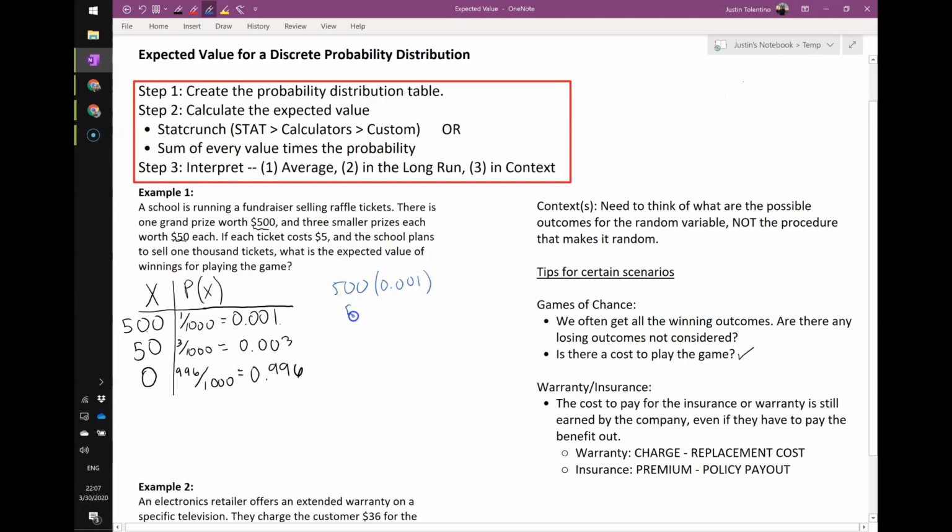So next we have 50 times 0.003, and then we're going to add 0 times 0.996.